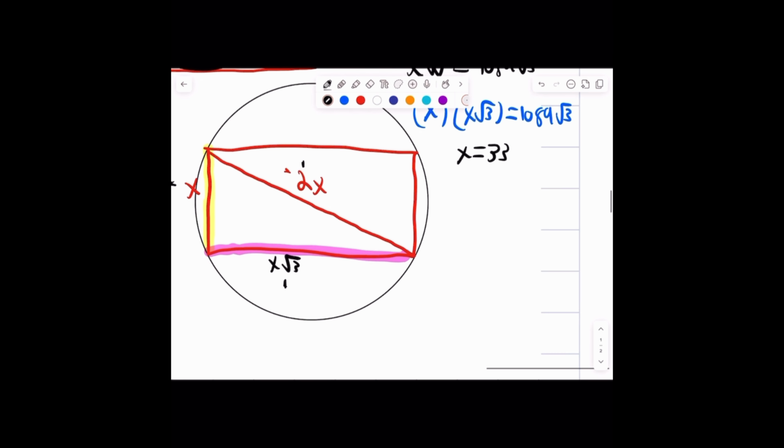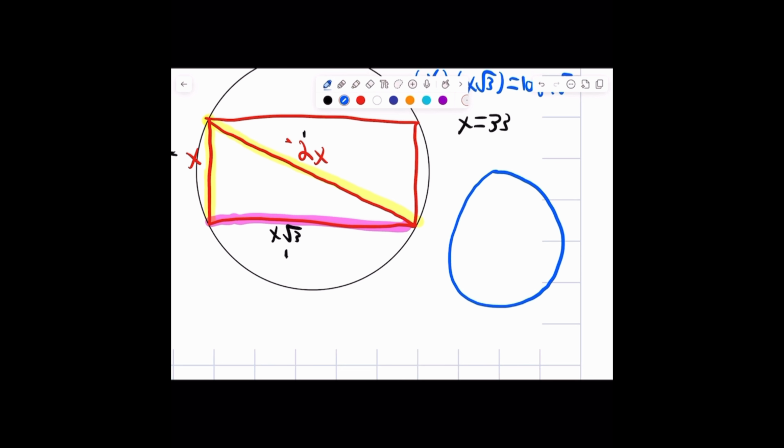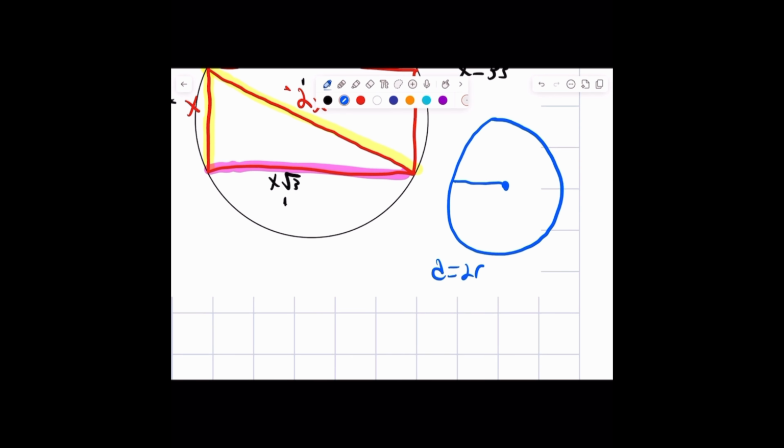But if you look closely, this diagonal is the diameter. Because if we know from geometry class, the radius is from the center to the circumference of the circle, and the diameter is always equal to 2r.